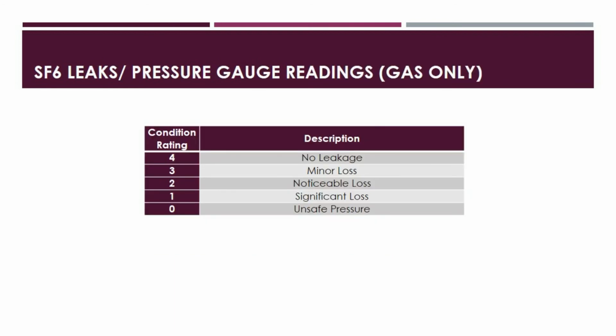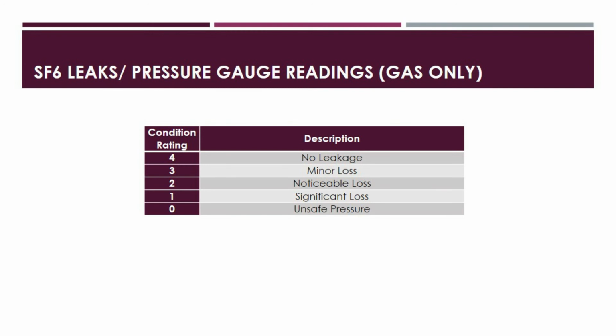And this last category for the switchgear is only for gas-insulated switchgear, which looks at SF6 leaks as well as pressure gauge readings. So for a rating of 4, it means that there is no SF6 leakage at any of the bushing metal interfaces, tank or piping interfaces, as determined by inspection of the SF6 pressure indicator.